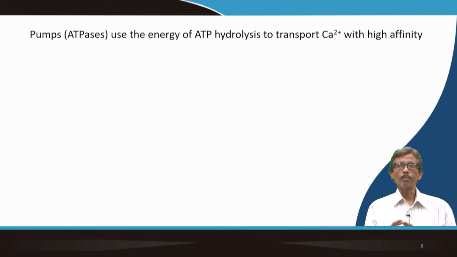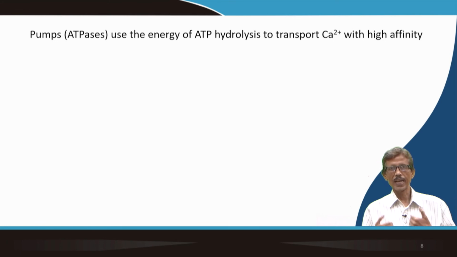And to run the pumps, just as you use electrical energy to run an electrical pump, similarly to run the biological pumps or the calcium pumps, we require ATPases, adenosine triphosphate hydrolyzing agents. ATPases can hydrolyze ATP and supply phosphate groups as inorganic phosphate, and at the same time it will give you the corresponding free energy change to run the system.